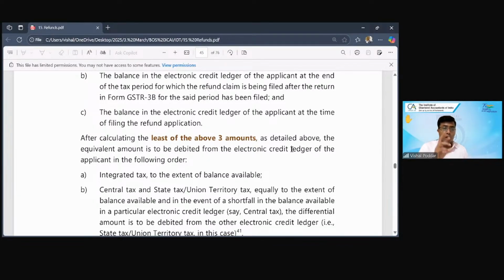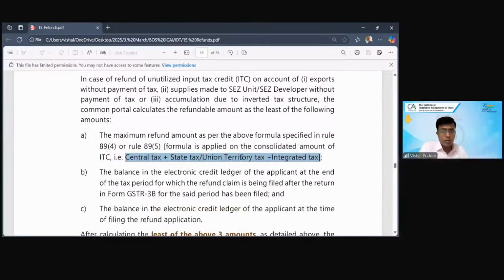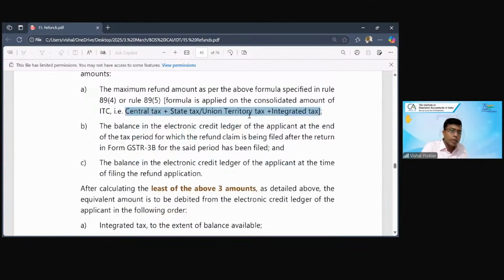But an important point to be kept in mind here: in the formula, I have added all three types of ITCs and computed one figure of refund of ITC. So let us say collectively, the total refund of all the three ITC combined is coming as 1,000, and it is the least of three also.